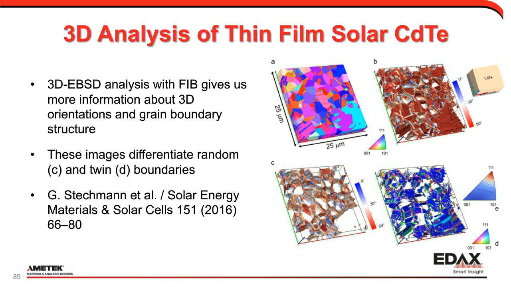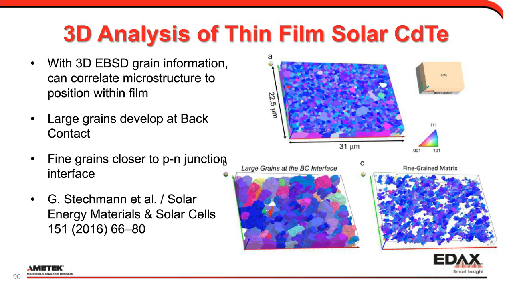But now in 3 dimensions, doing what we've done before, is showing random high-angle boundaries in map C, and the twin boundaries in 3 dimensions in map D, to differentiate random boundaries from twin boundary structures, because we know these boundaries have different performances for photovoltaic applications. And then because we have the 3D information, we can see that larger grains are developing towards the back contact, and fine grains developing closer to the PN junction.